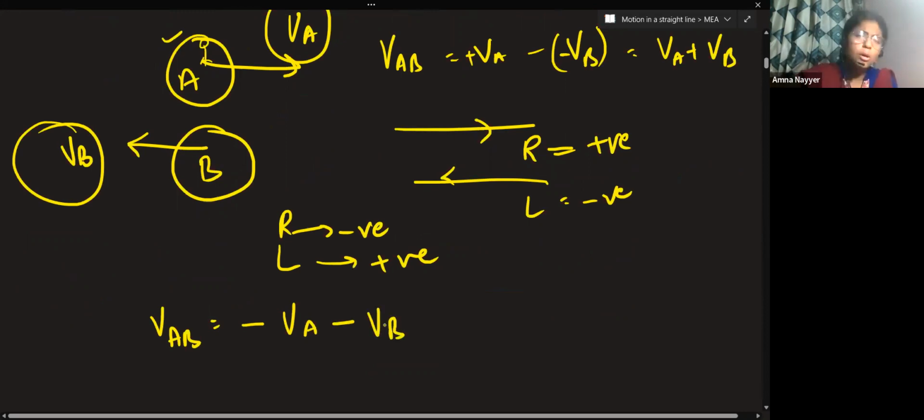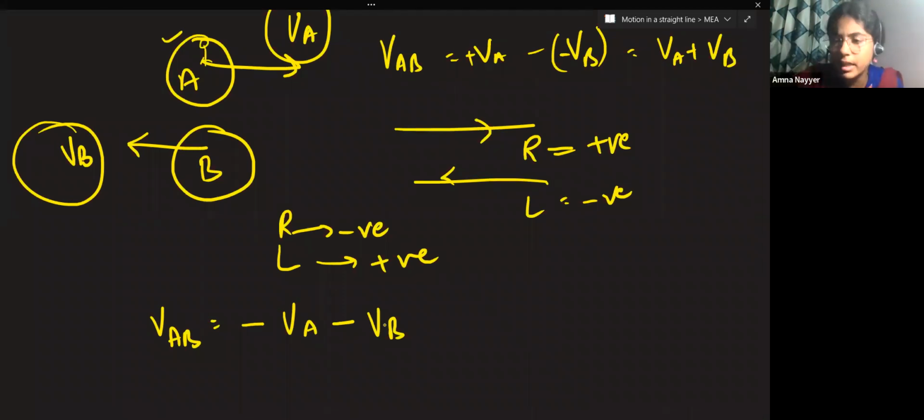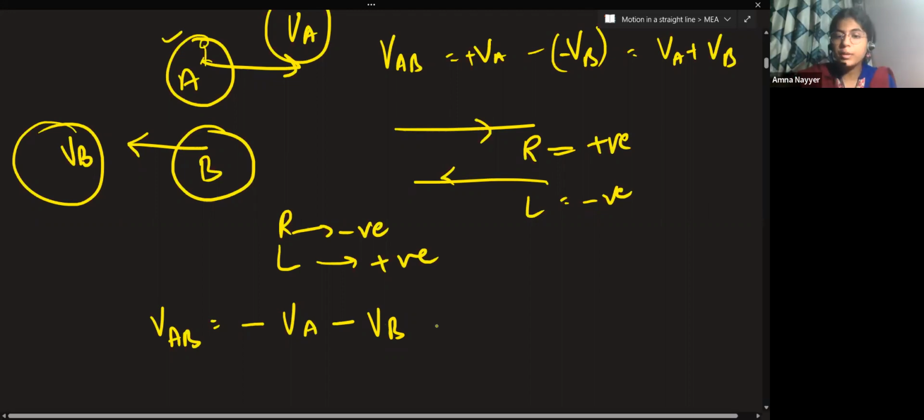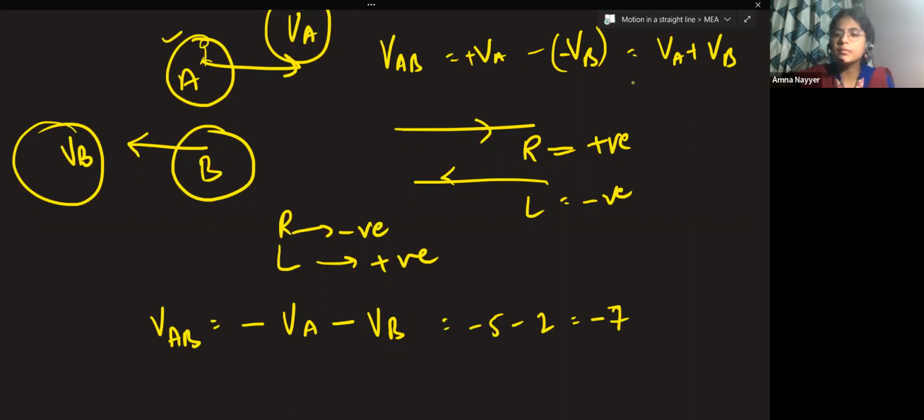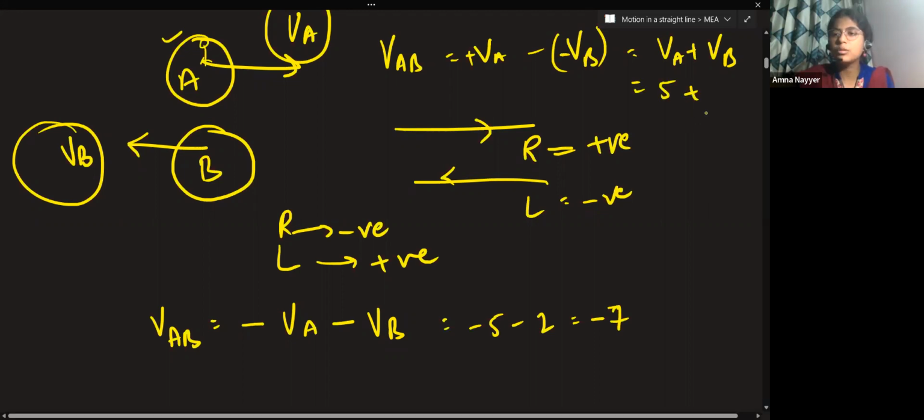Obviously VA minus VB means you have to add it with a negative sign. That will show that the net movement is along right. Because see, if it is, let's say, -5 -2, this will become -7. Or if we look here, this becomes 5 plus 2, that is 7. Both our answers are right, just the signs are different.